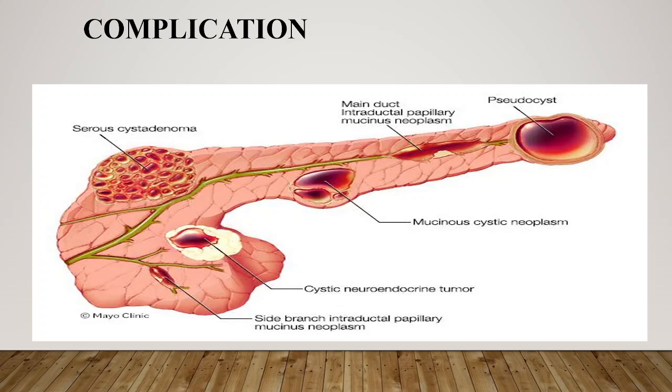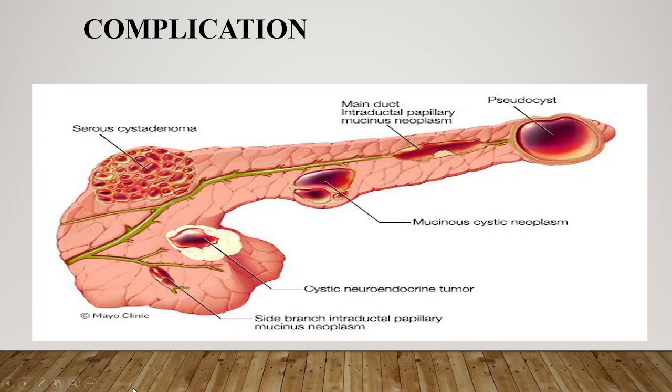Systemically, the inflammatory response may result in multi-organ failure, respiratory distress and renal failure. So one is local complications, which are pseudocyst or abscess formation, and systemically, what happens? Multi-organ failure, respiratory distress and renal failure.